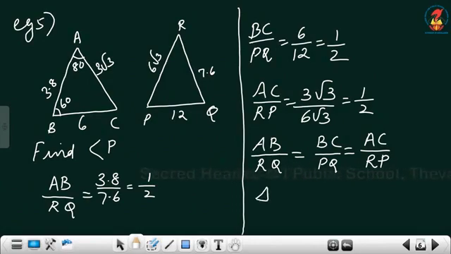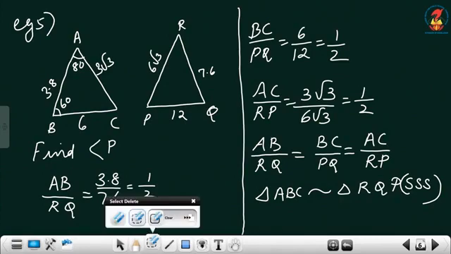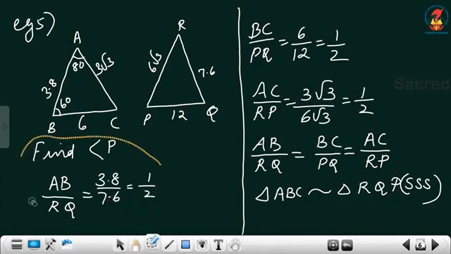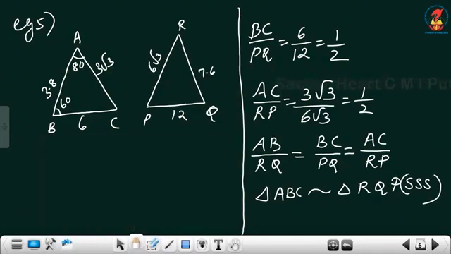So triangle ABC first is similar to, corresponding to A it is R, triangle RQP, using SSS criterion. So what you have to find is angle P. So corresponding angles are equal. So what we can say is angle A is equal to angle R is equal to 80 degree.